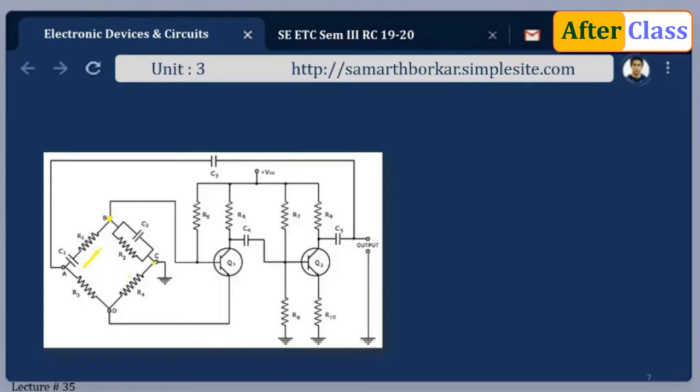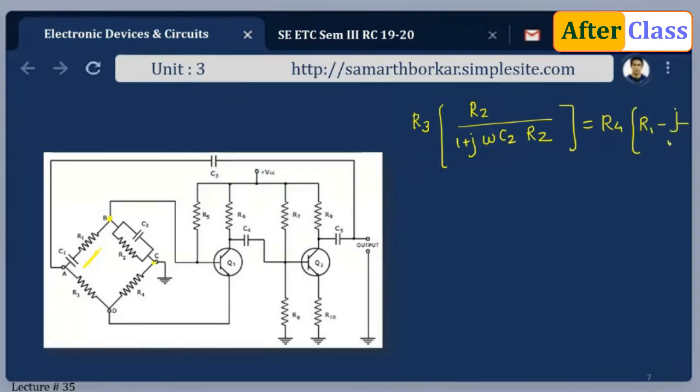So if I do the analysis of this bridge circuit, the bridge will be balanced only when this condition holds: R3 upon 1 plus j omega C2 R2. The capacitance is represented as 1 upon j omega C2, into R2, and opposite it is R4 into R1 minus j by omega C1.